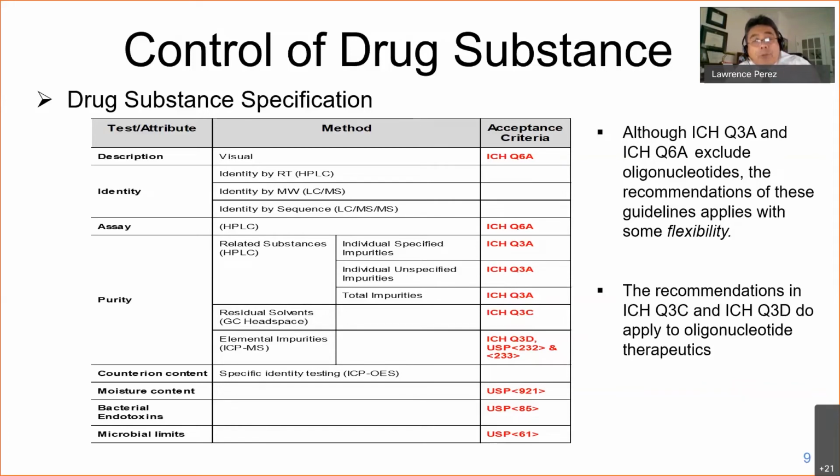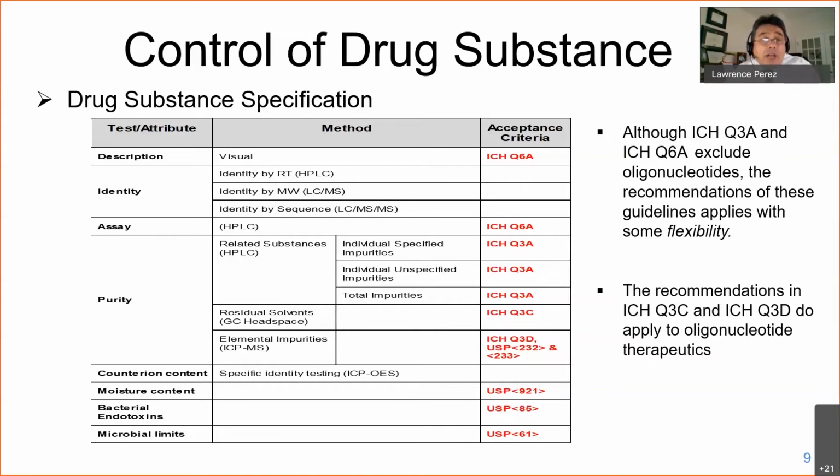And as I pointed out earlier, the guidances such as ICH Q3A and ICH Q6A have been very helpful in putting forward the acceptance criteria and the tests for low molecular weight therapeutics. Unfortunately, these guidances don't explicitly cover oligonucleotides. However, we look at these guidances as a starting point for discussions with manufacturers on what the proper tests should be in the drug substance specification and what the acceptance criteria should be.